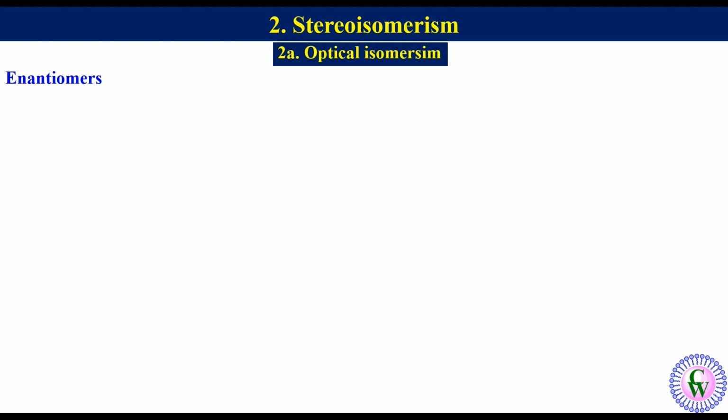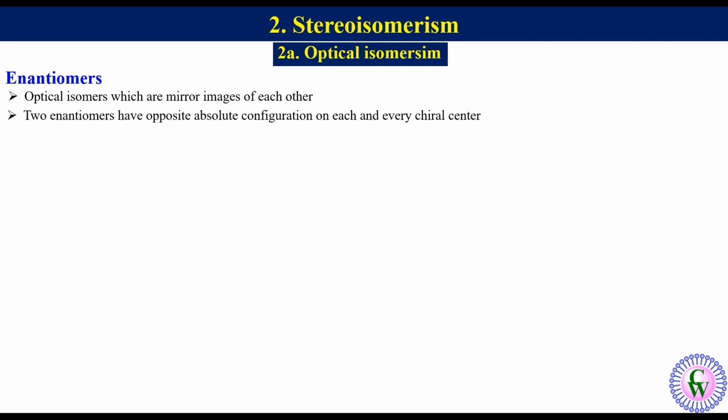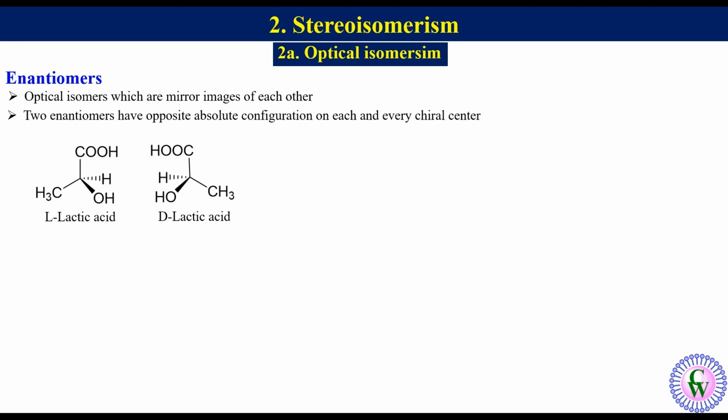Enantiomers. Enantiomers are defined as optical isomers which are mirror images of each other. In terms of absolute configuration, the two enantiomers have opposite configuration on each and every chiral center. For example, L-lactic acid and D-lactic acid.